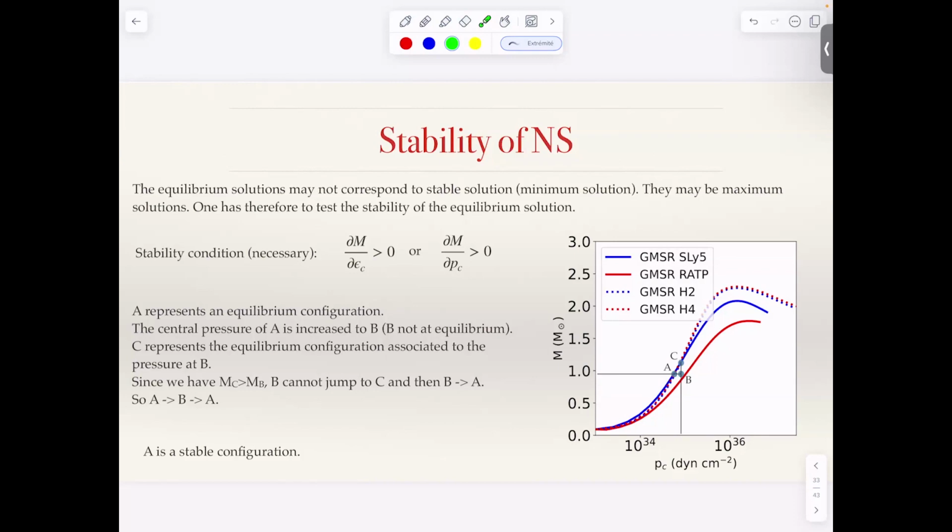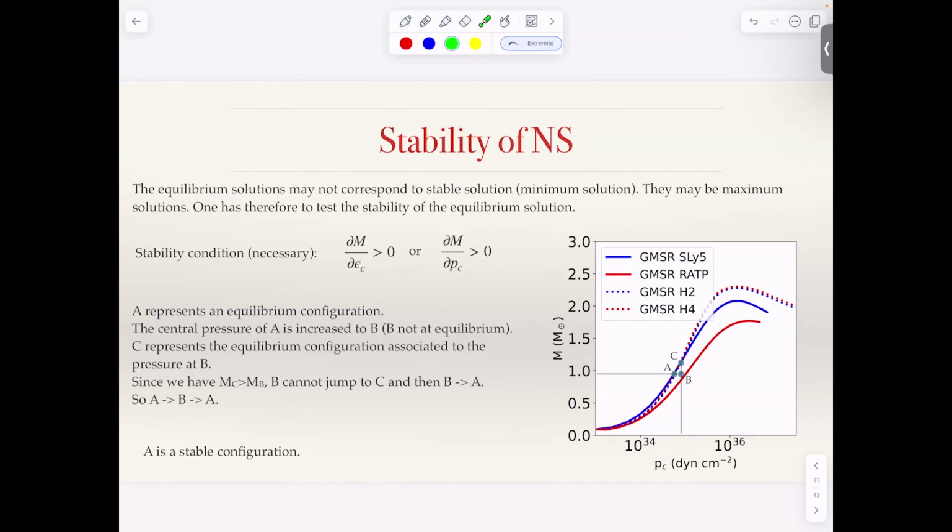So I will perturb my solution, and I want to know whether I have a restoring force that brings me back to my initial solution, or whether I will escape and move far from it. This is a way to determine whether I am at equilibrium, at a minimum and not a maximum.